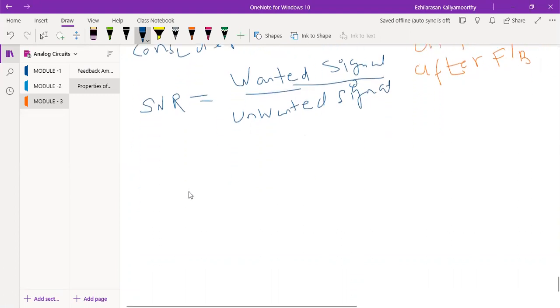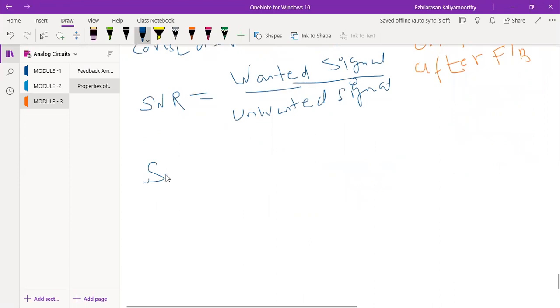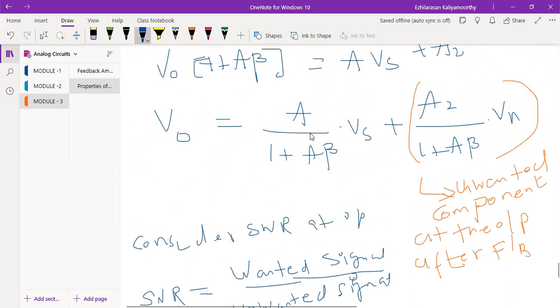So now let us write the SNR. The wanted signal component is what? This will be your wanted signal, and this is the unwanted signal.